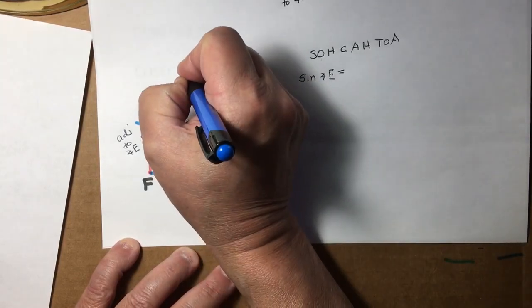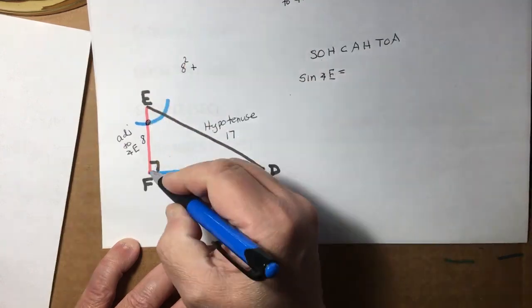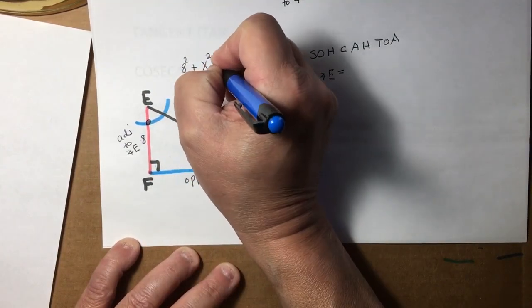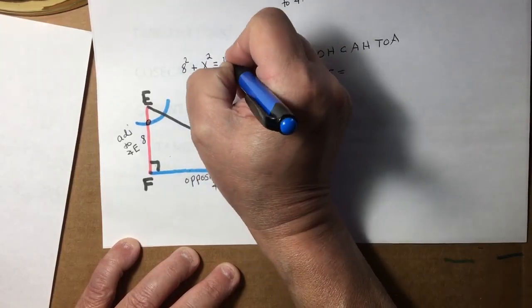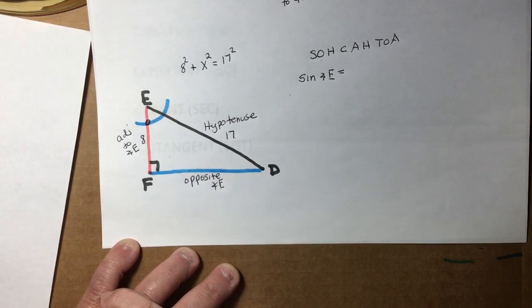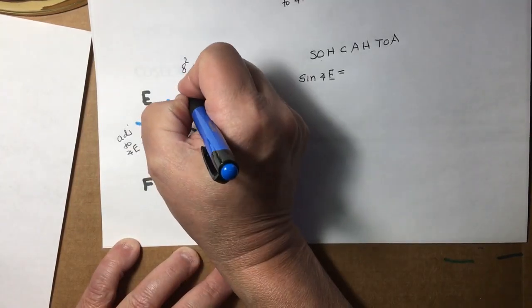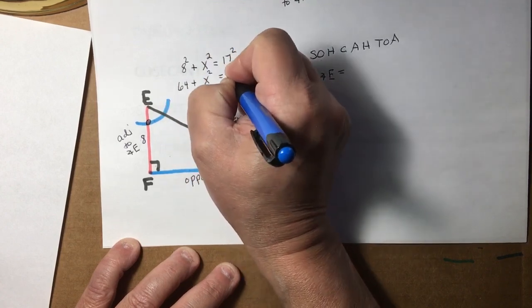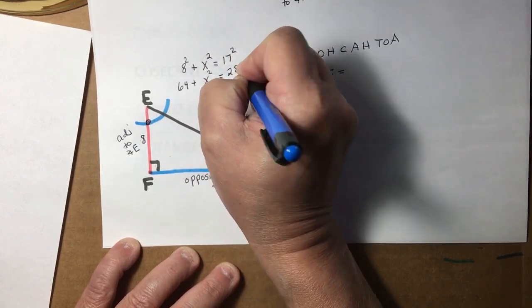So we know one side squared plus the other side squared, which we don't know, I'll call it x, equals the hypotenuse squared. Notice the hypotenuse always goes by itself, whether you know it or you don't know it. 64 plus the other side squared is 289.